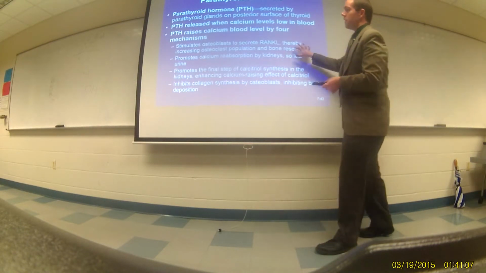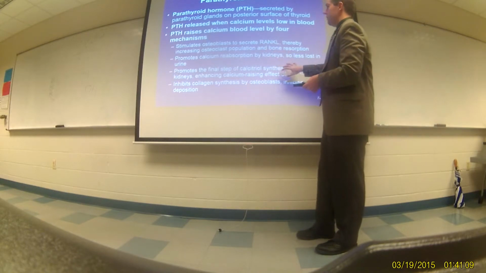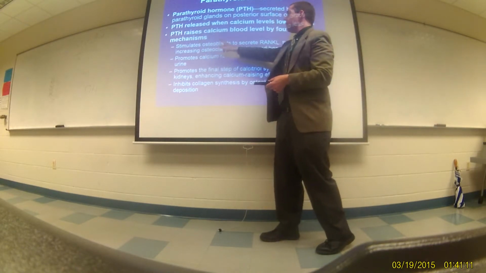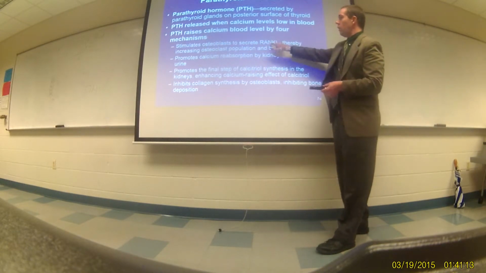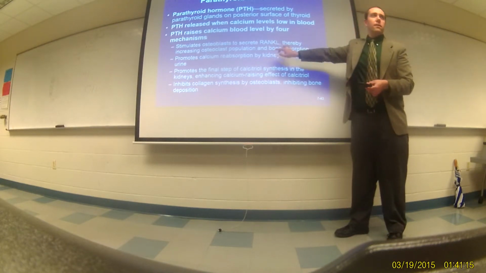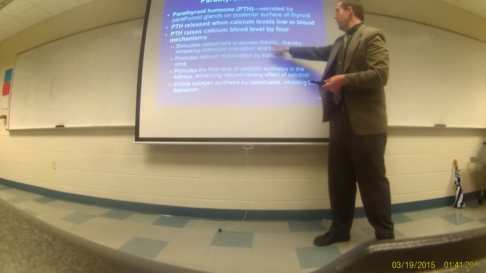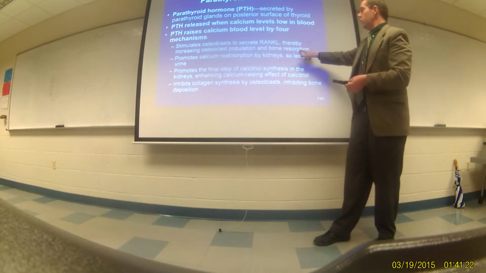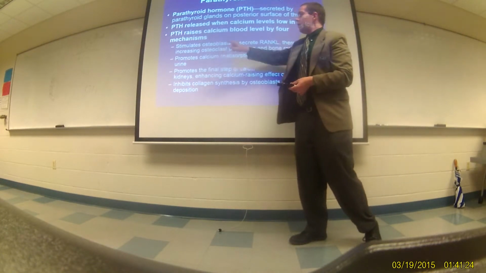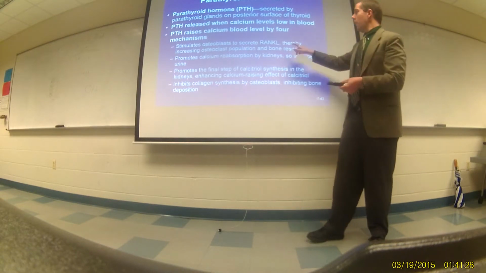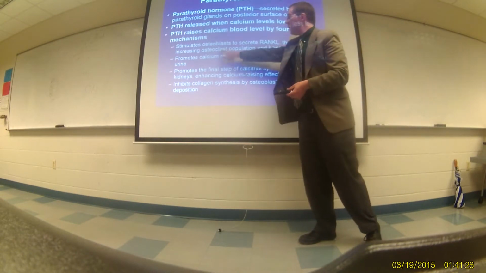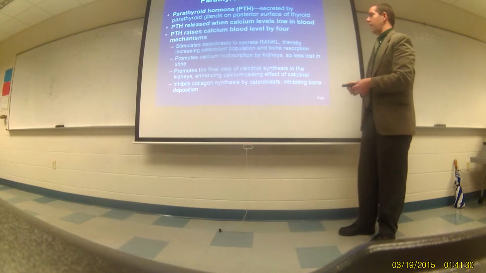And this works in 4 different ways. Number one, it's going to make osteoblasts put out a protein called RANKL. RANKL is not a name you need to know. But when it does that, it's going to increase the amount of osteoclasts. So RANKL is going to promote the formation of osteoclasts.